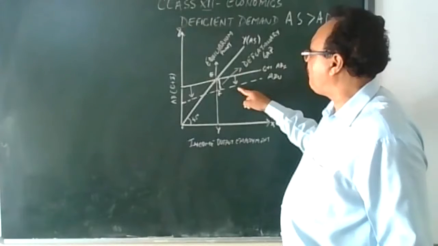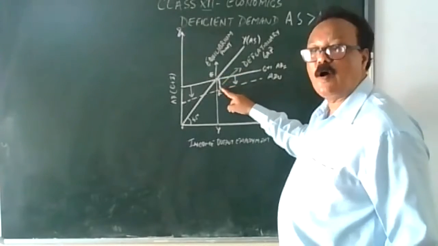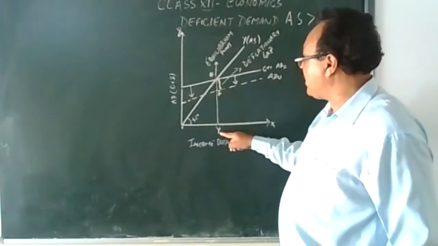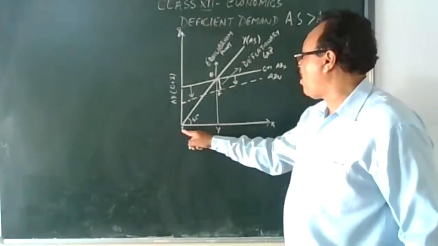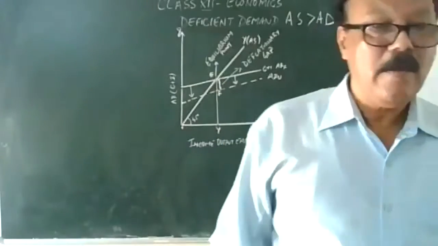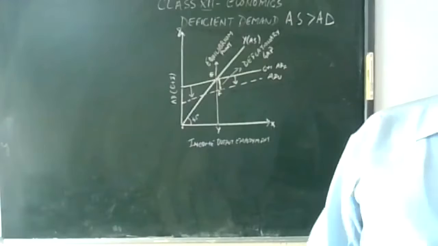This downward shift causes a gap between the two. This gap which is caused is called the deflationary gap at full employment output level. Draw this diagram and I will give it to you in points.